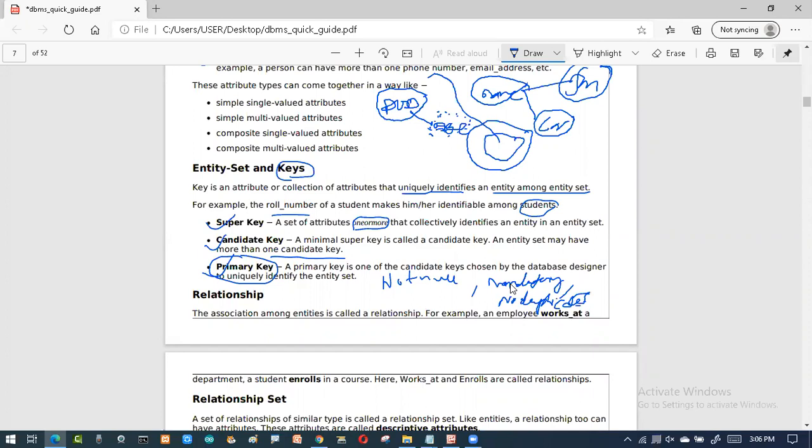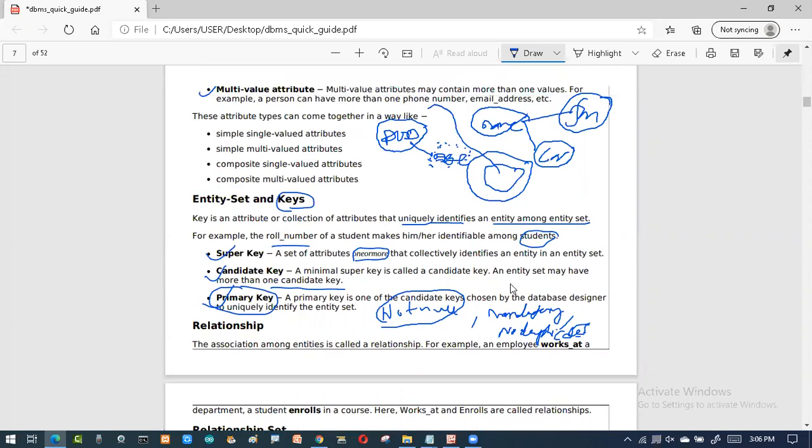What do you mean by not null? It means I should not keep that box blank. Whichever table I'm using has rows and columns, and I should not leave this blank. I should fill it with something. It is compulsory.